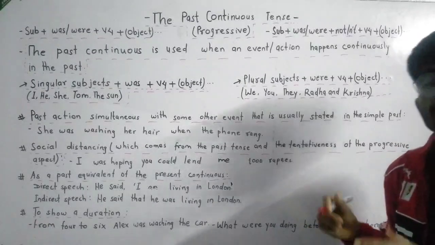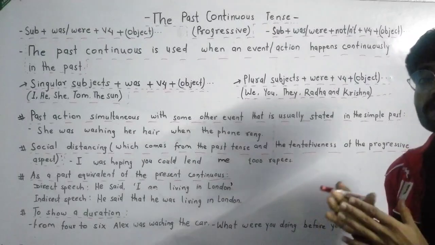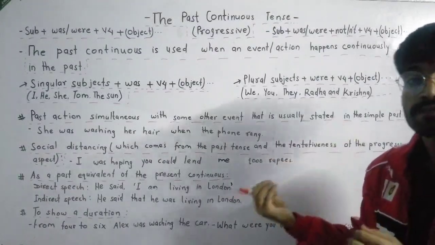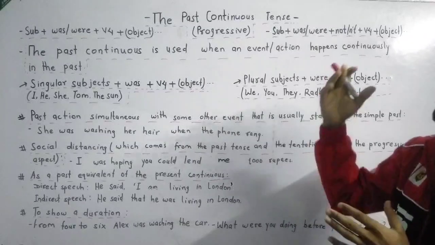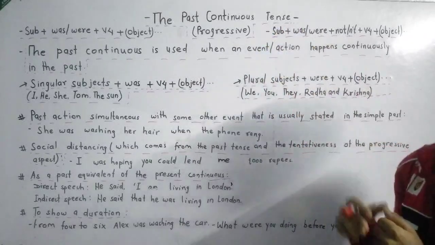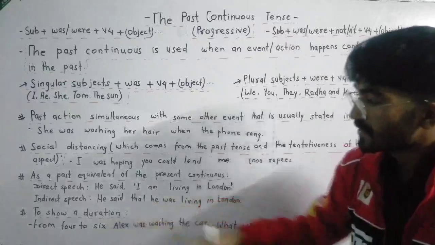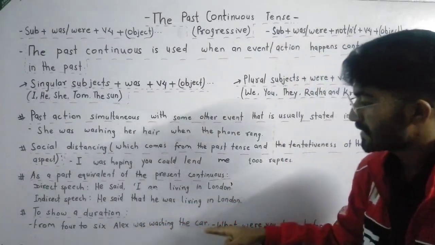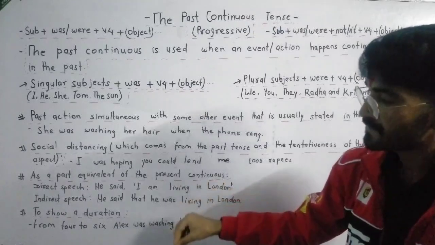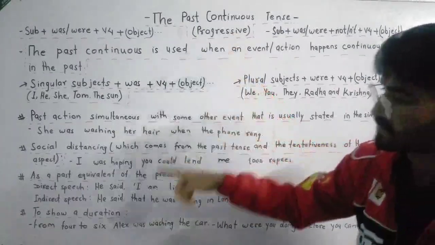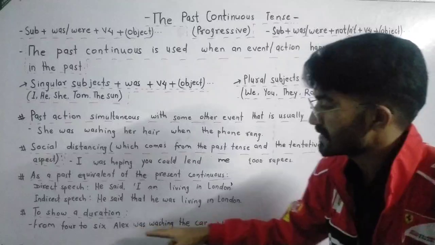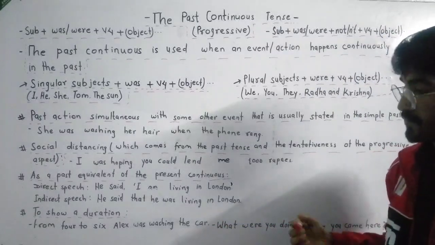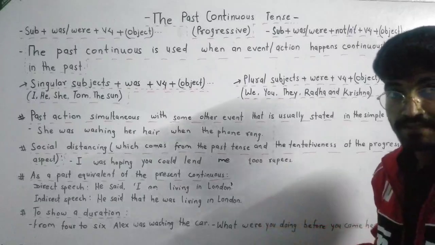However, instead of the past perfect continuous, speakers use the past continuous tense. Here you can see we can say, from 4 to 6, Alex had been washing the car, and at the same time if we use the past continuous, from 4 to 6, Alex was washing the car, the meaning is clear.